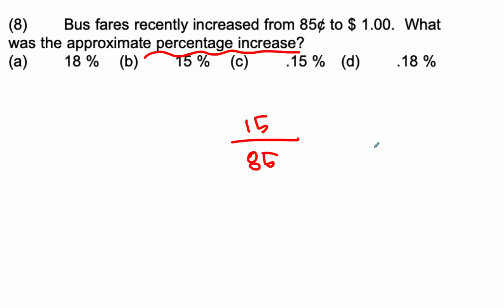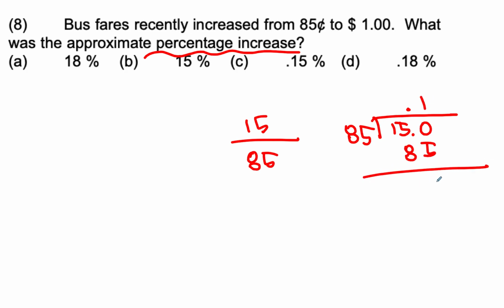We divide 15 by 85. Of course, 85 doesn't go into 15, so I'm going to put down 0 here, then a decimal point, and another 0. How about 85 into 150? Only 1 can go in. Then I'll be getting 65.